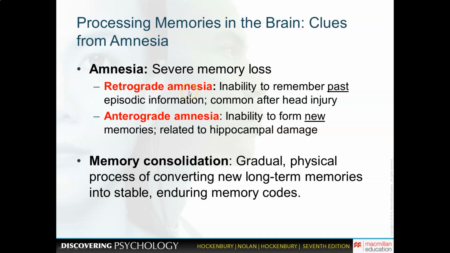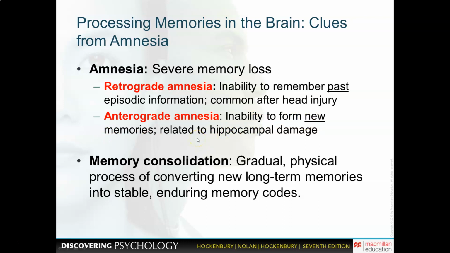Retrograde amnesia is the inability to remember past information. Okay, it usually occurs, it's real common, after a head injury or something. On the other hand, there's what's known as anterograde amnesia. And that refers to the inability to form new memories.